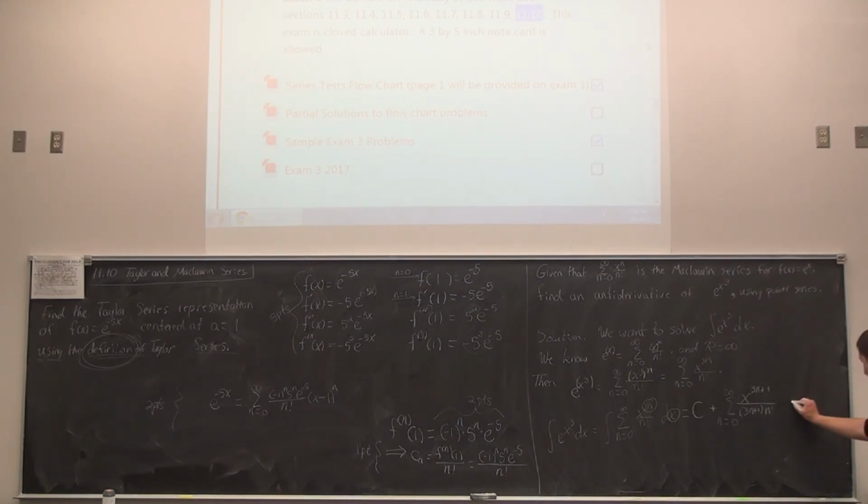And although this problem didn't ask for it, it's an important side fact that the radius of convergence is still infinity, which implies immediately that the interval of convergence is from negative infinity to positive infinity as well. So now we can find power series representations of antiderivatives, where before we had to settle for the fundamental theorem of calculus. And even though this looks like a parlor trick, now we have an antiderivative.